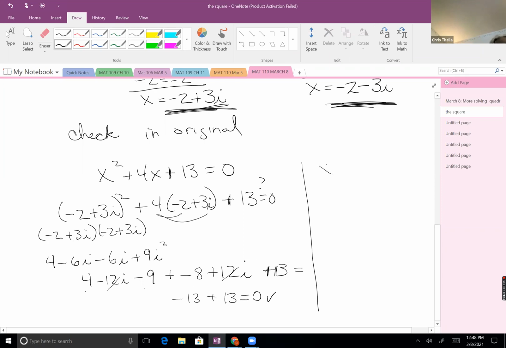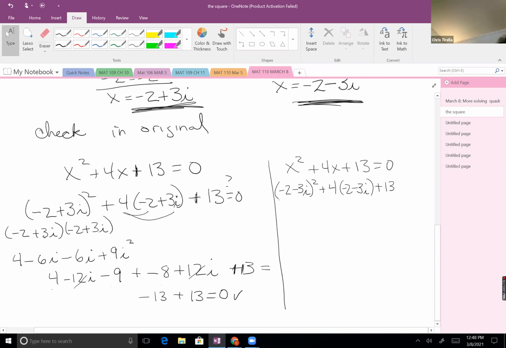In the same way, our other root should also check if we write the equation correctly. So that would give me (negative 2 minus 3i) squared plus 4 times (negative 2 minus 3i) plus 13. And we're hoping that gives us 0.